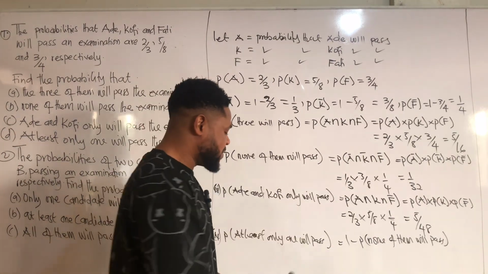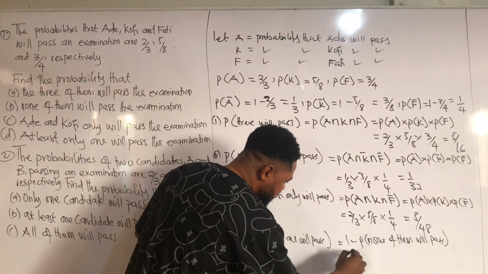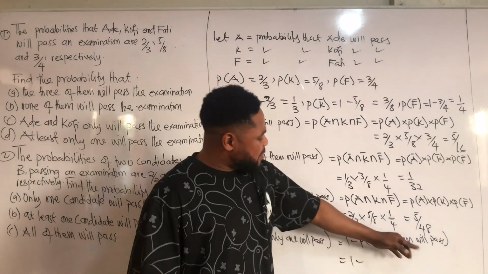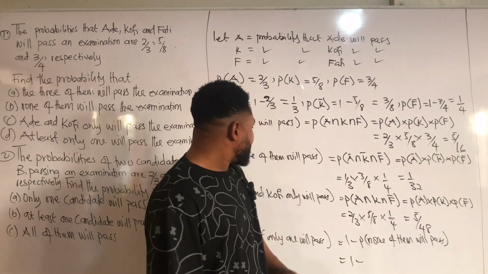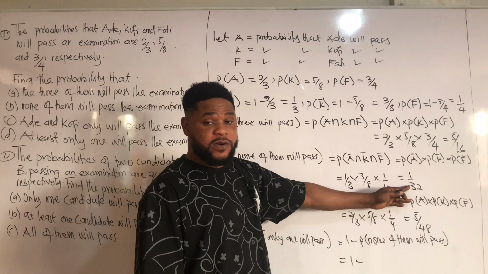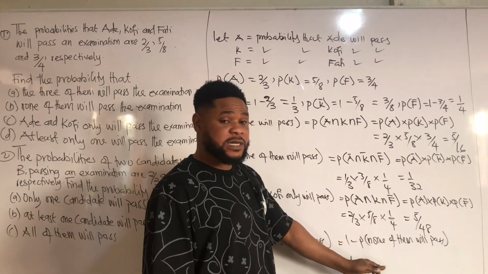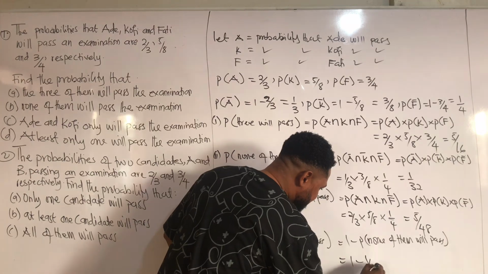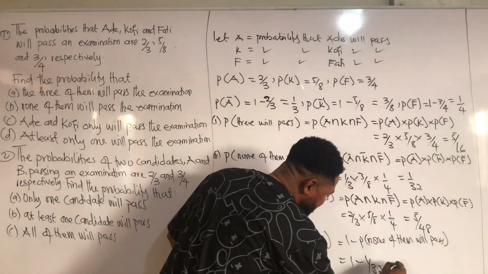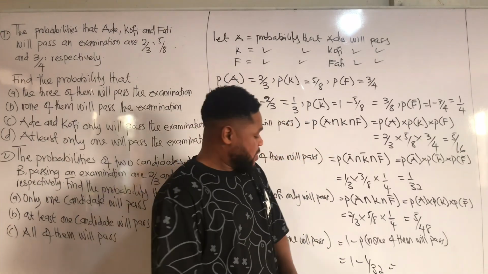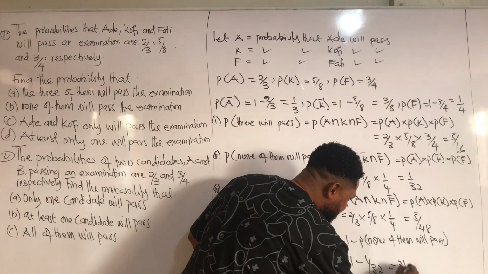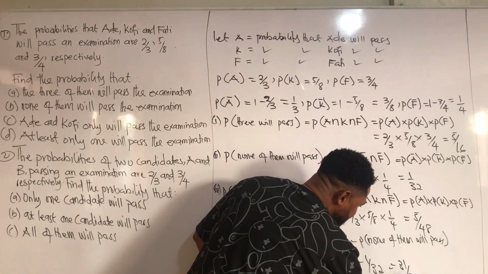So let's use this formula, which is 1 minus probability that none of them will pass. We calculated none of them already. Assuming we did not calculate none of them, then we need to calculate and fix it, which is 1 over 32, all right? And when we do this, we are going to get 31 over 32.